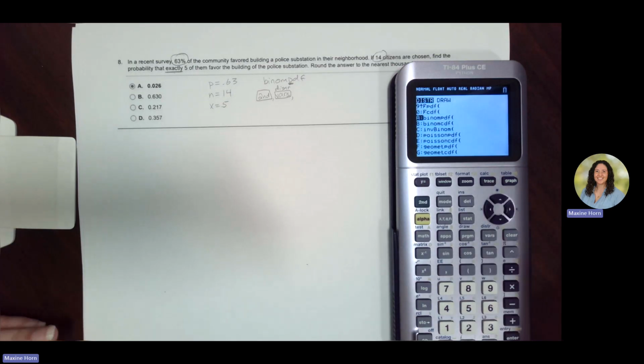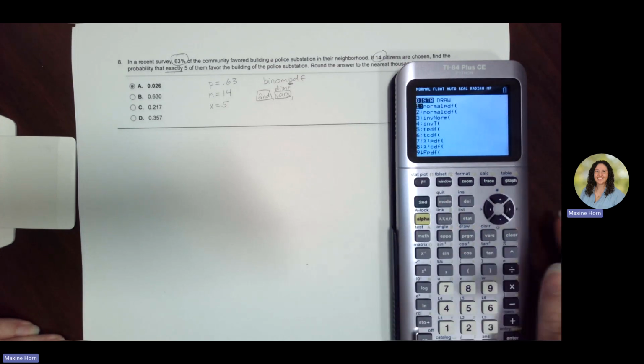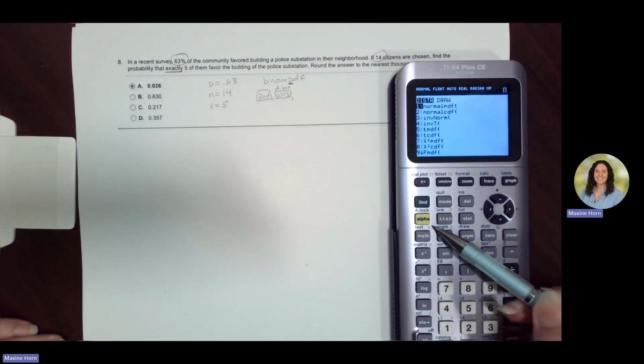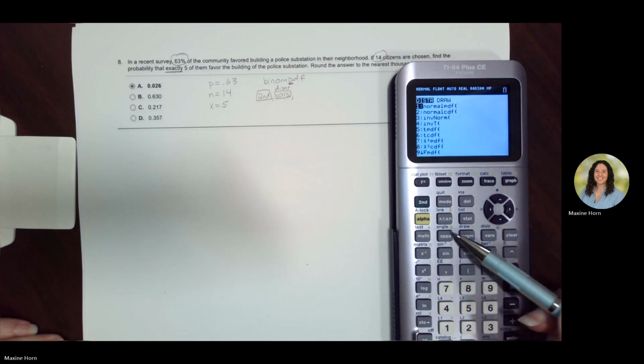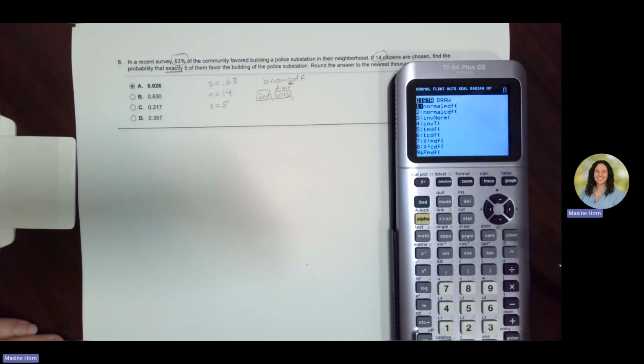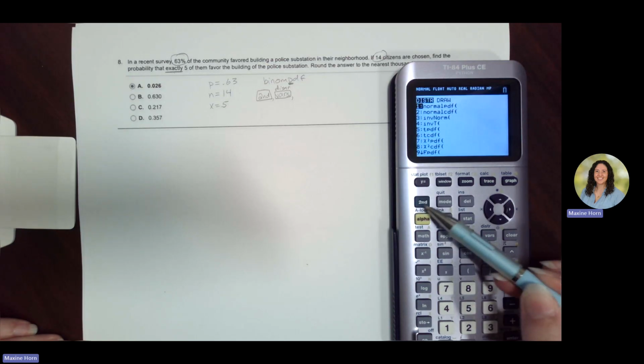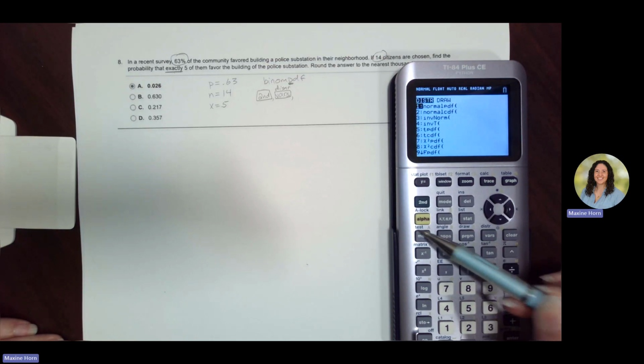Or let's say I've been doing a bunch of these problems and I remember off the top of my head that it's A. What I can do is go directly to A. So A is in yellow here above the word math. B is in yellow above apps. You see the letters. If I want to go directly to A, I can say alpha A. If I hit the yellow button, it's going to do the yellow, kind of like the second button does what's in the green color.